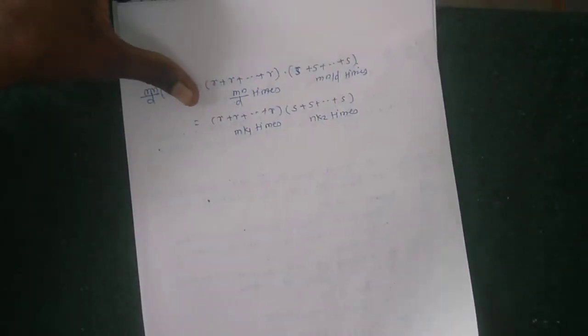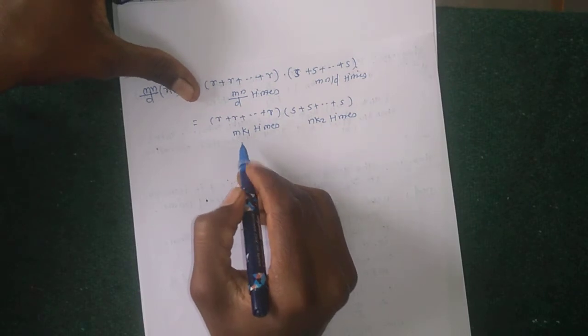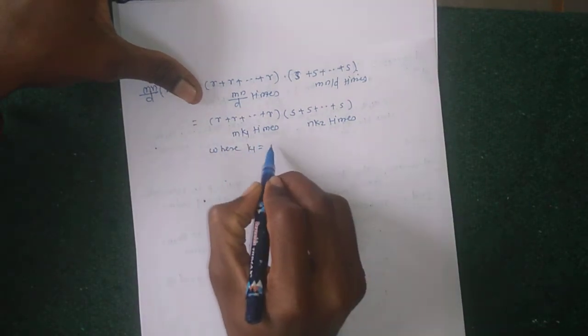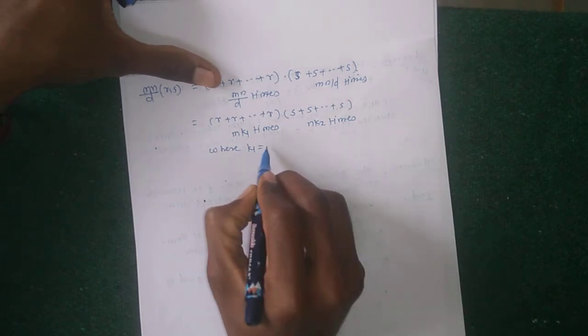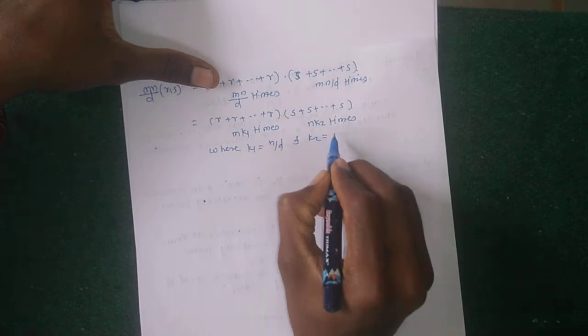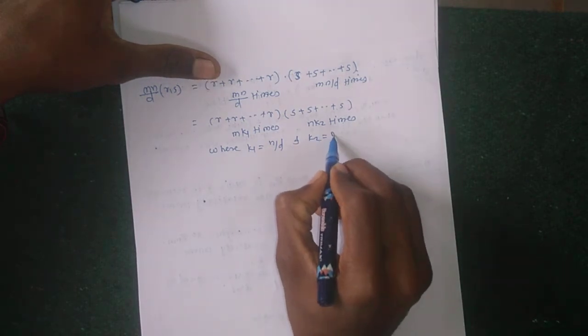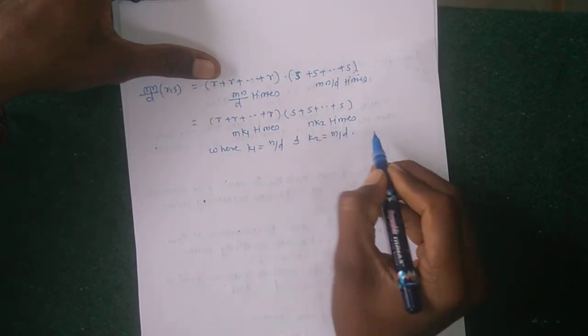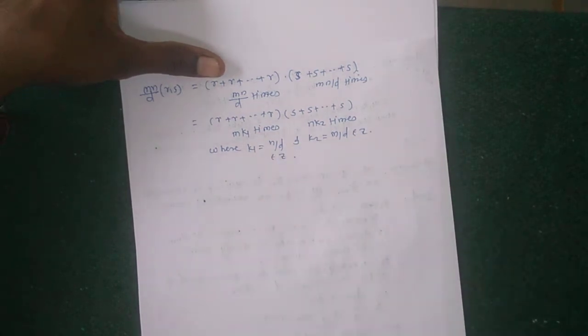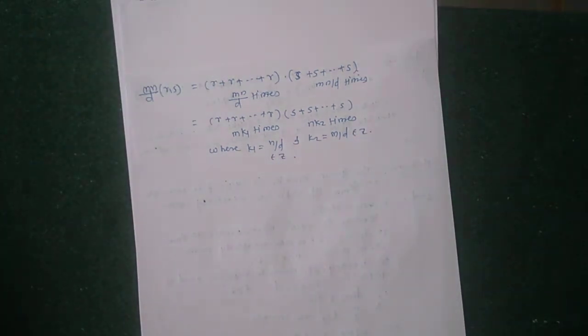So using this mk1, where the value of k1 equals n by d, and k2 equals m by d, this all belongs to the set of integers Z.